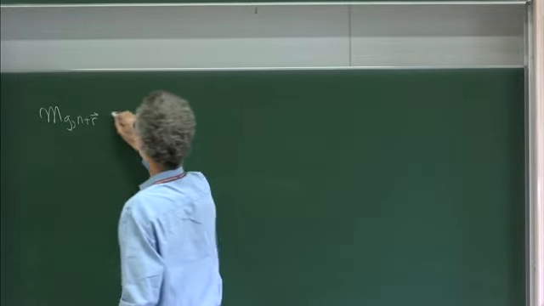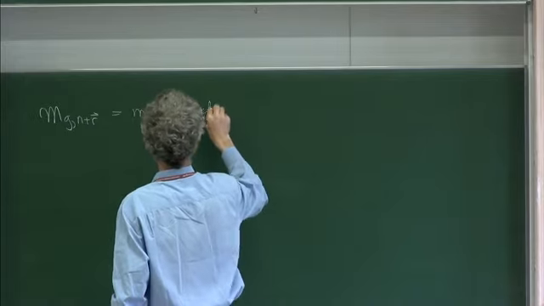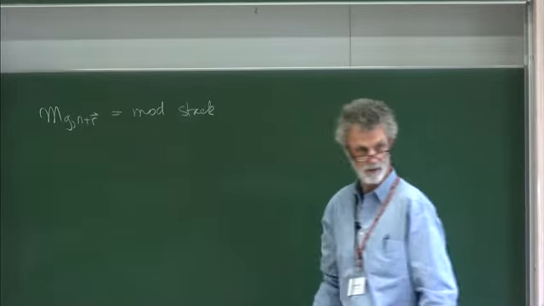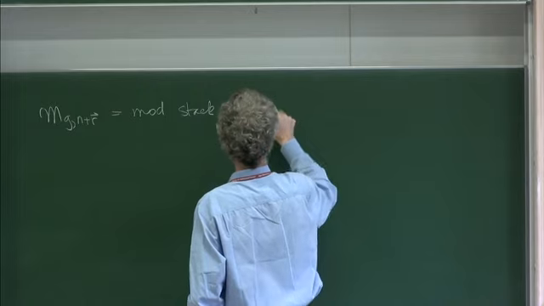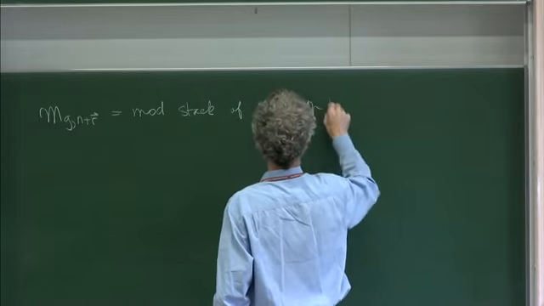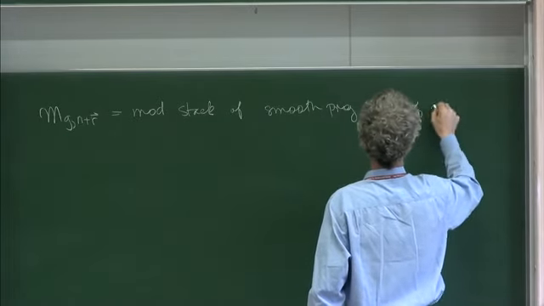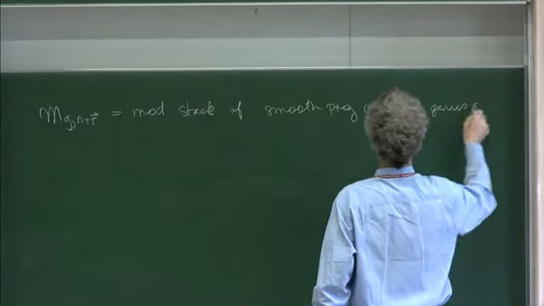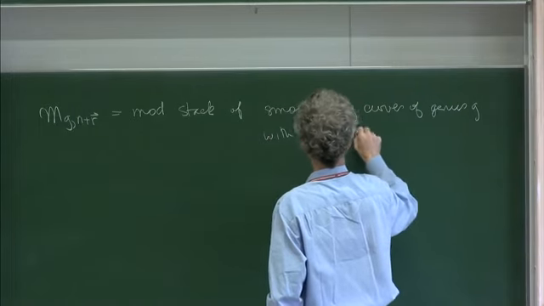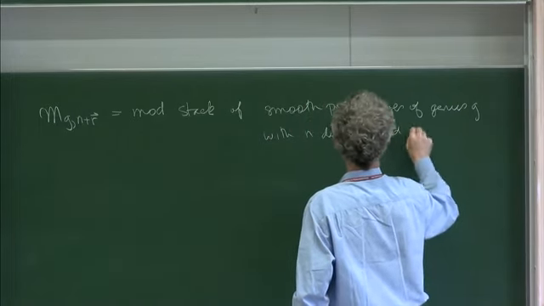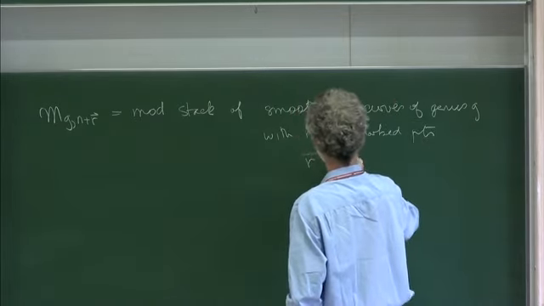This is equal to the moduli space, I think I want to say stack or orbifold, of smooth projective curves of genus g with n distinct marked points and r non-zero tangent vectors.